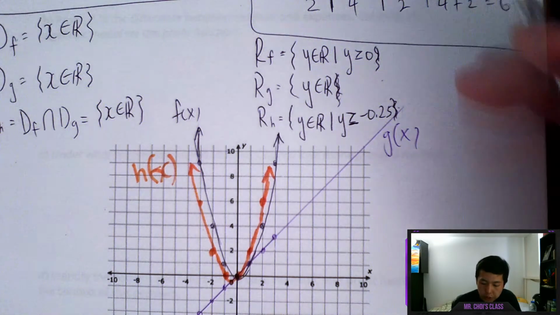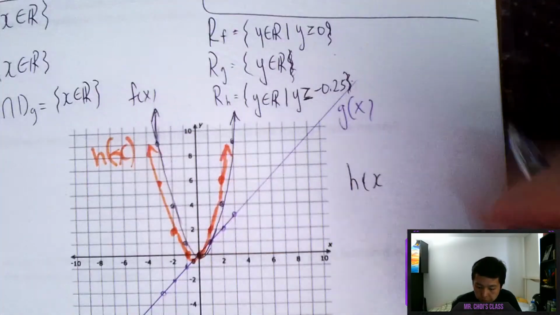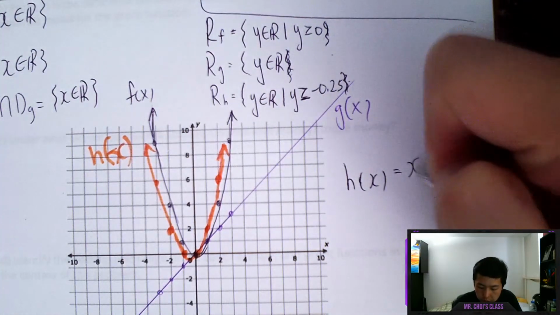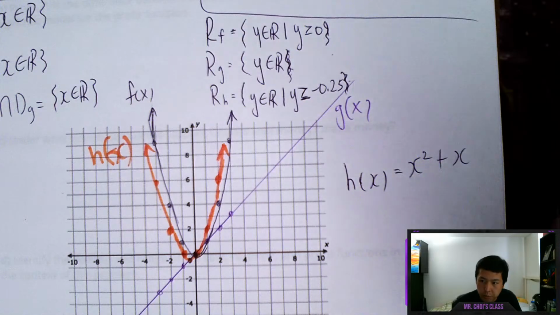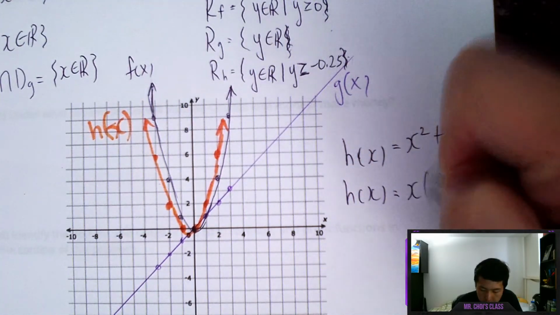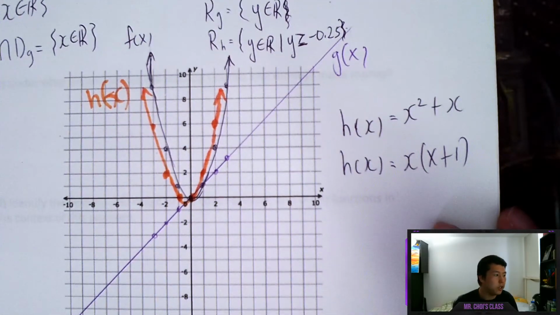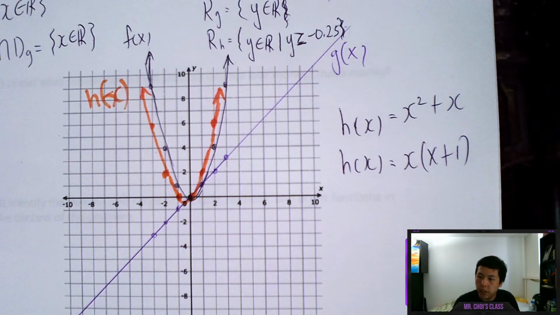Now, of course, you can find this in other ways, because if h of x is equal to x squared plus x, you can use your basic factoring knowledge to factor it, find the x-intercepts that way, and understand that the vertex happens in between.